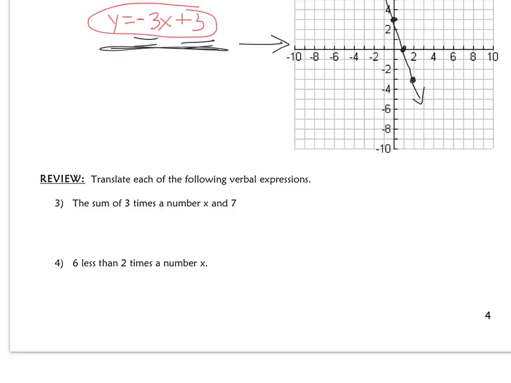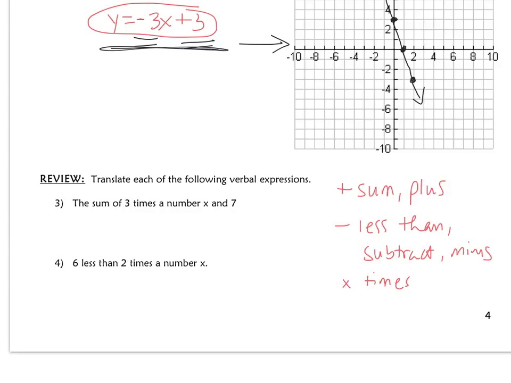Okay, reminder that adding is looking for words like sum and plus and increase by, etc. Minus means less than, subtract, minus, would be another word. Multiplication, big one that's going to be used is times, etc. Okay, so just some reminders.